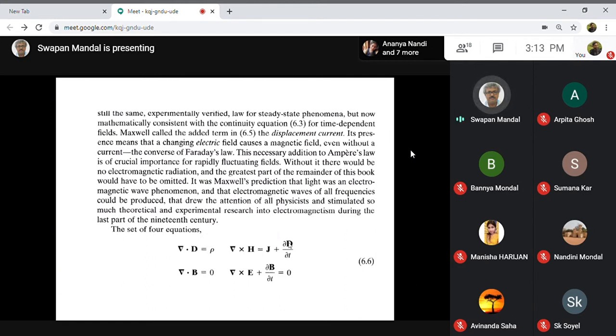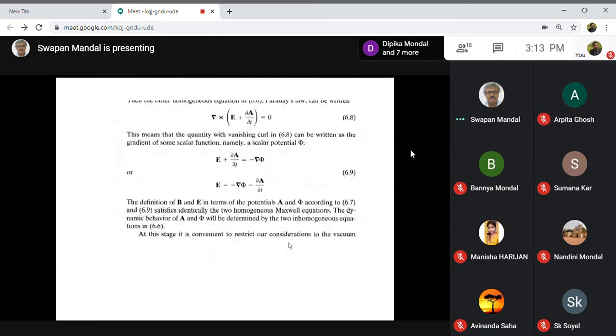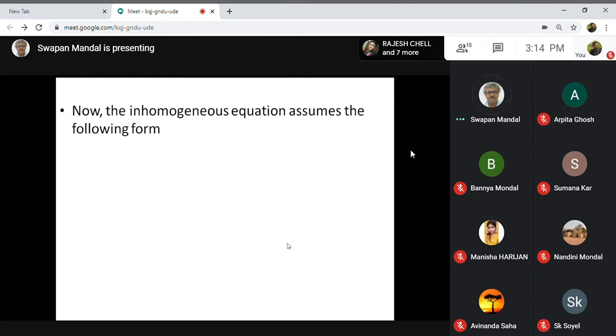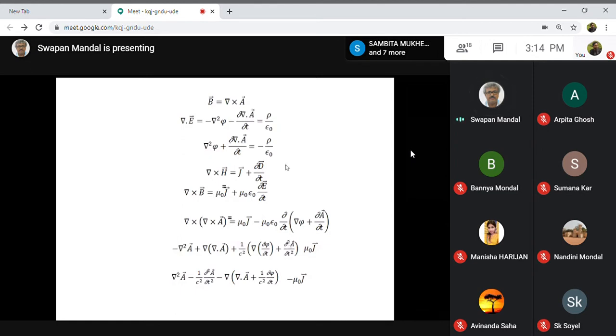Here is the summary: B equal to curl of A, E equal to minus gradient of phi minus del A del T. Now I am coming to the inhomogeneous part of Maxwell's equations.